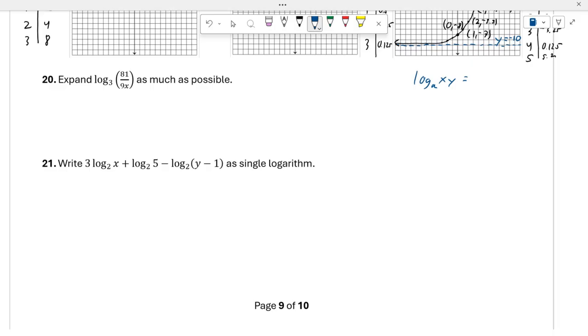What you can do is split that up into two separate logarithms, and they both have the same original base of a. You say that that's the logarithm of each factor, and then you add them together.